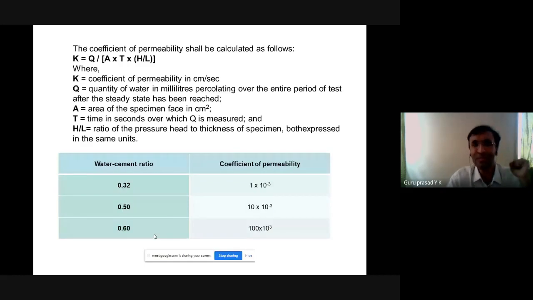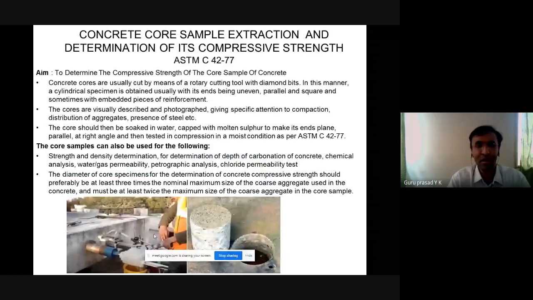Now, next is the semi-direct test. It's a semi-non-destructive test which is called the core test. In this case, we use the profometer first to locate where the rebars are, which I'm going to show you.